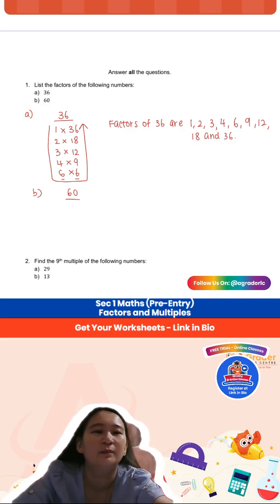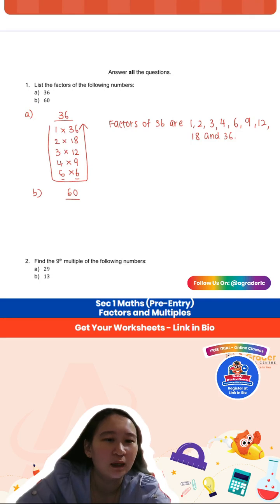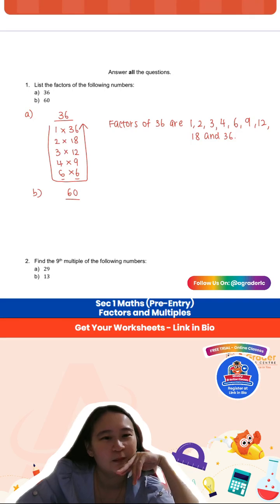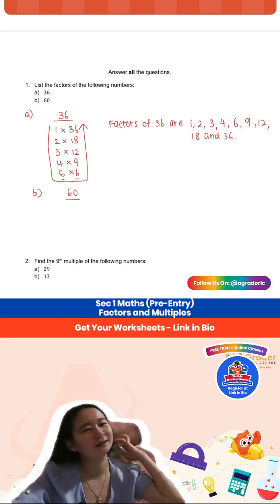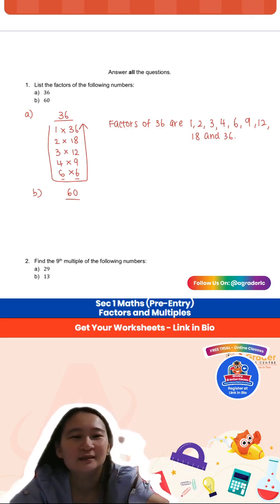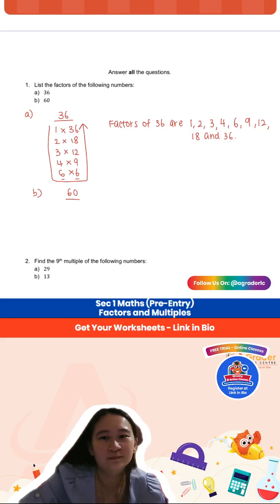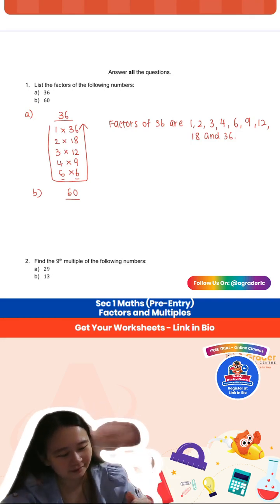A smaller number. I see that there is a 1, 2, 3, 5, 6. Okay, good. It's good that you list them out in this manner. Yep, correct.